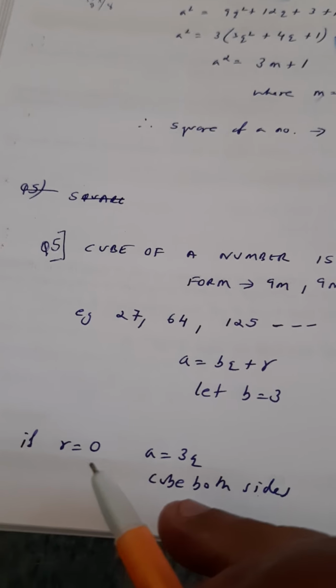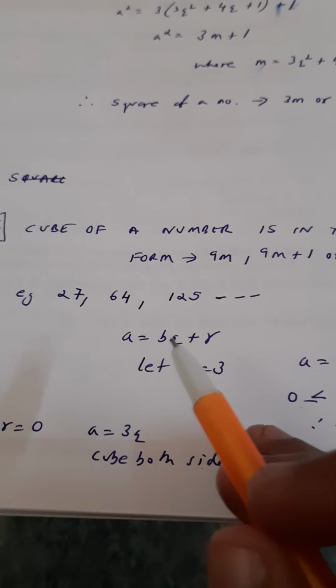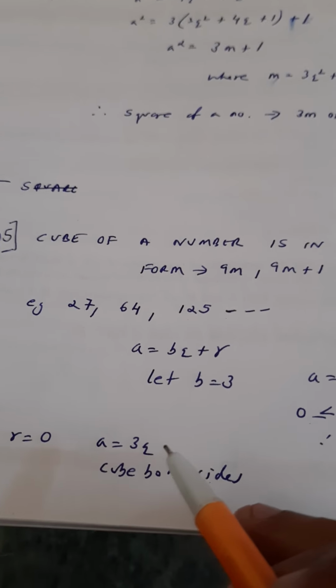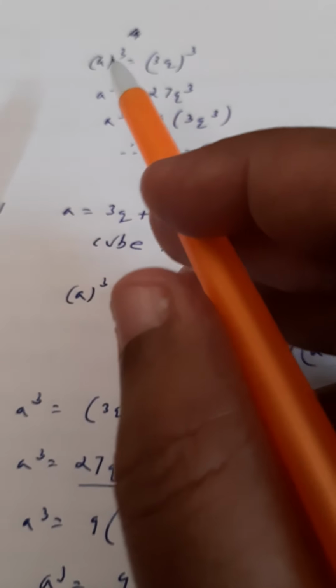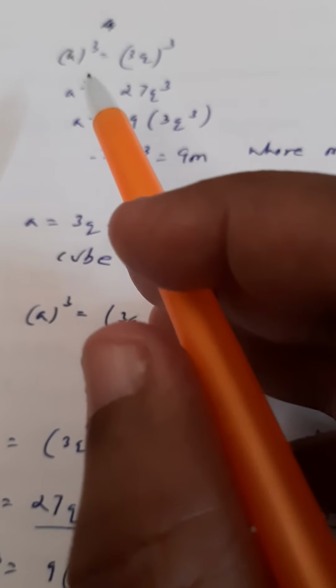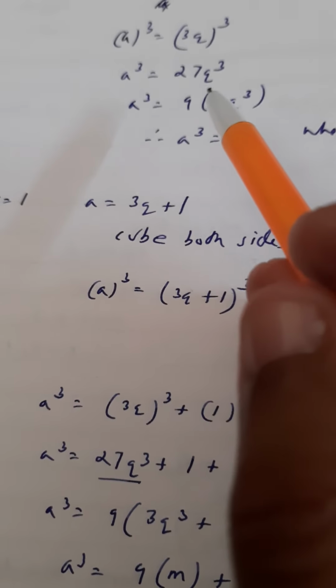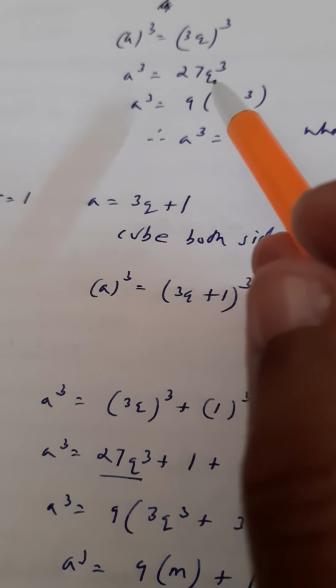Case 1, we are taking r as 0. So the value of a becomes 3q, because instead of b we are replacing 3, and plus 0, no need to write. Then as per the question, we cube both sides. So a cube becomes 3q whole cube, which is 27q cube.